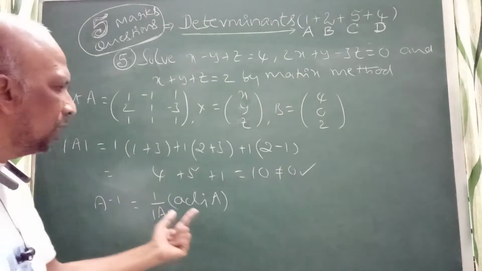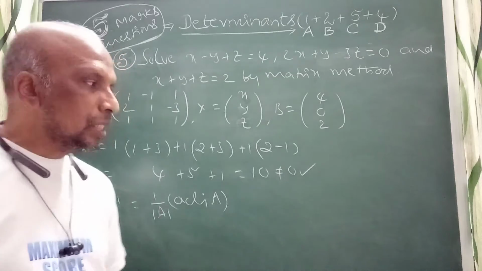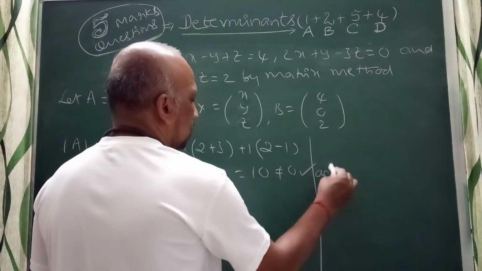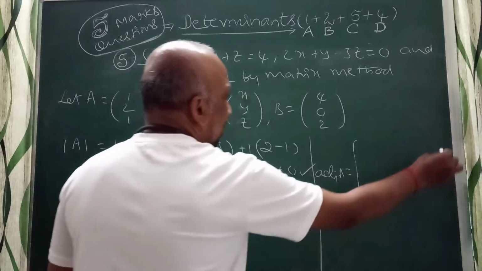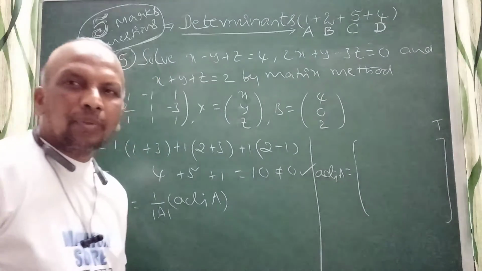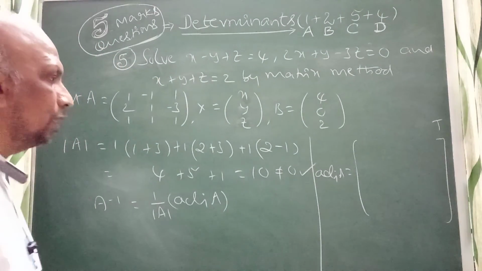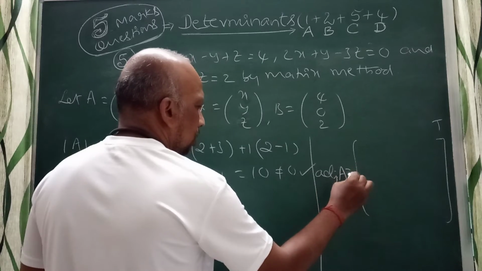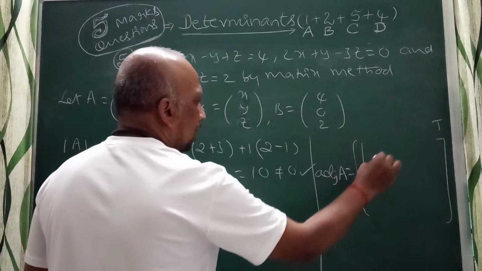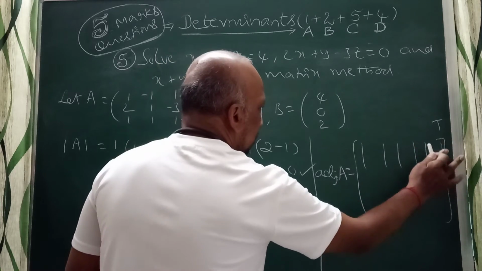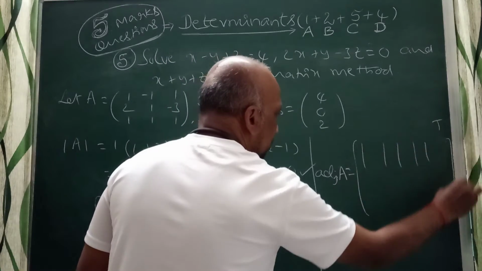A inverse is 1 by det A into adjoint A. So when I am finding adjoint A, I can write the transpose of this, right? You will get a 3 by 3 matrix adjoint A. This is equal to, I can write 9 determinants, right? You can consider 9 determinants.